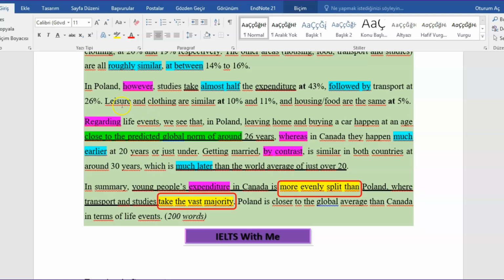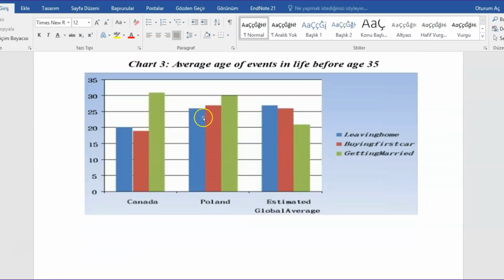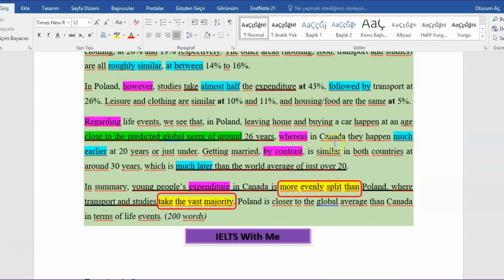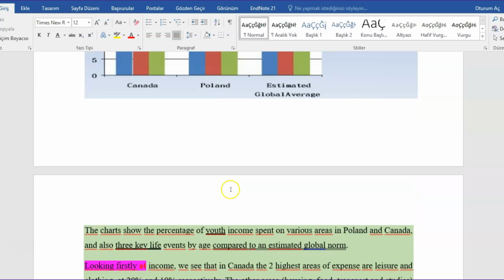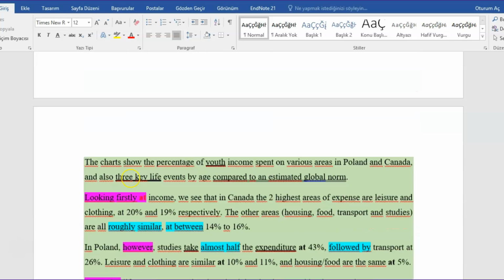Regarding life events, here we are going to explain our bar chart, using academic phrases. In Poland, leaving home and buying a car happen at an age close to the predicted global norm of around 26 years, near to the global average, whereas in Canada they happen much earlier, at 20 years or just under.